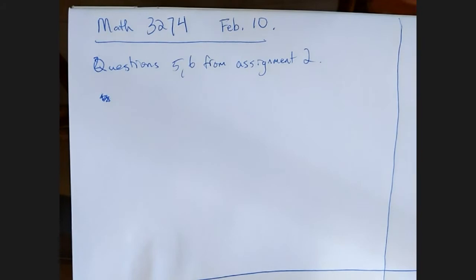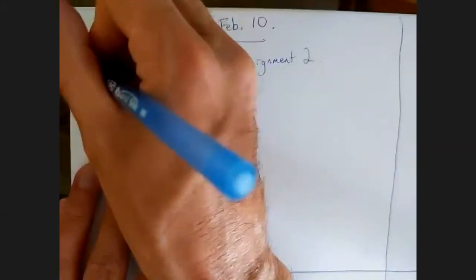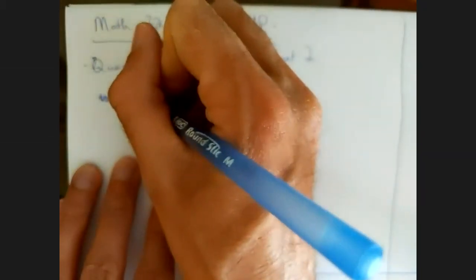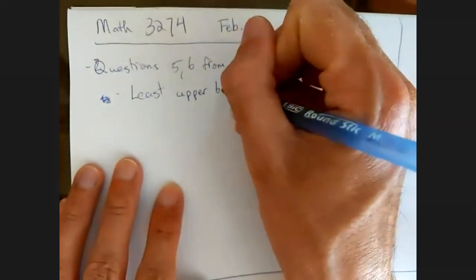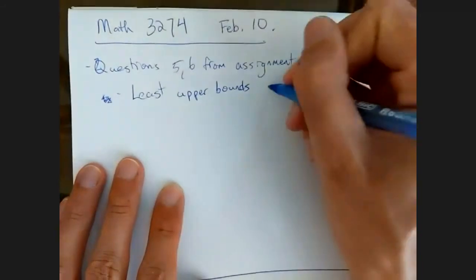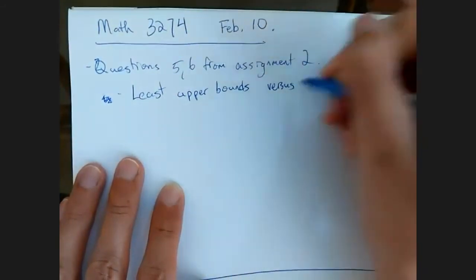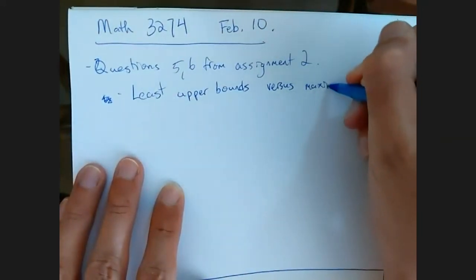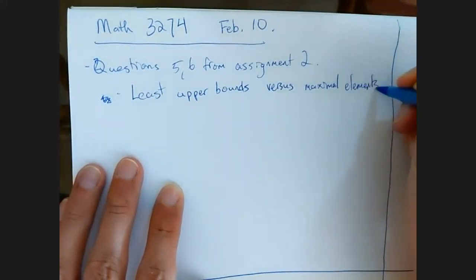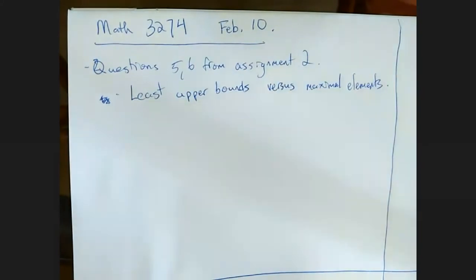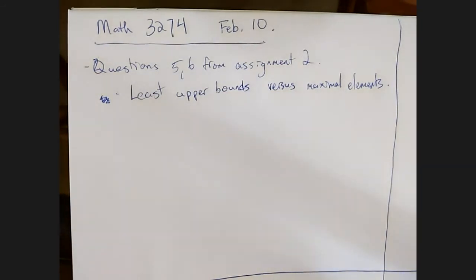So we'll say least upper bounds versus maximal elements. That means we're talking more about partial orders, like less than or equal to.